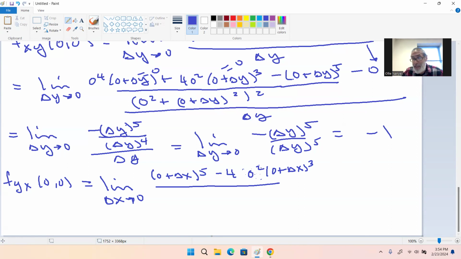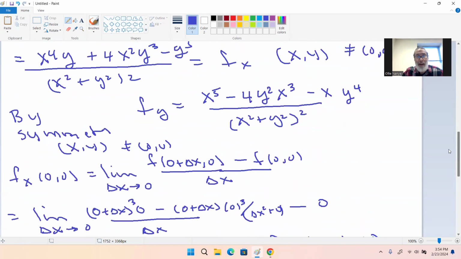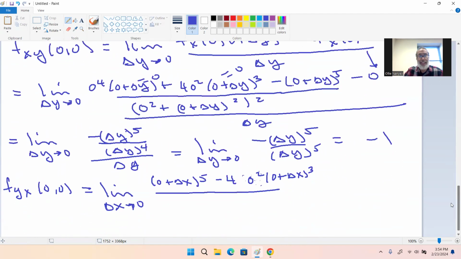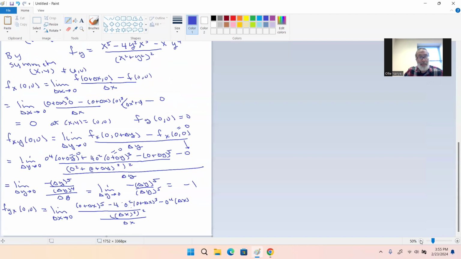And let's see. Now let's just double check that. All right. So it's 4 times 0 squared delta x cubed, minus 0 to the 4th delta x, all over delta x squared, because I put in the 0 here, squared, over delta x. So now notice the sign there.